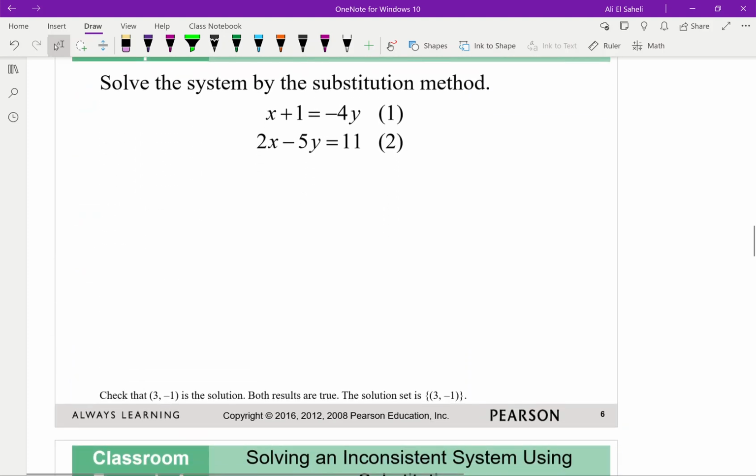Solve the system by substitution. It's easier to use equation 1 and find x in terms of y. So equation 1 gives x equals -4y minus 1. Use that in equation 2.